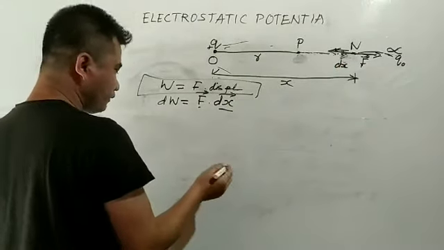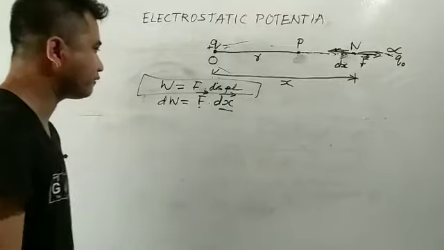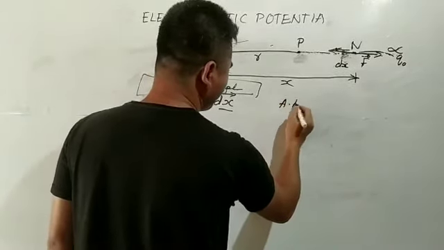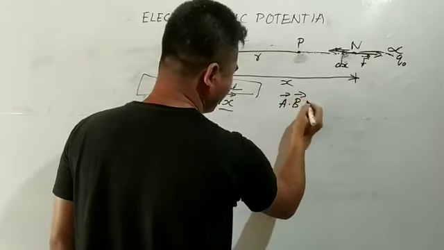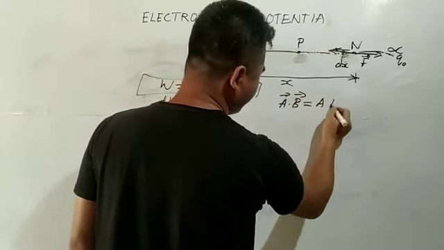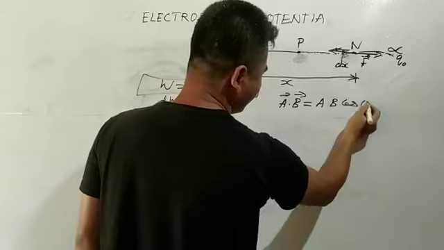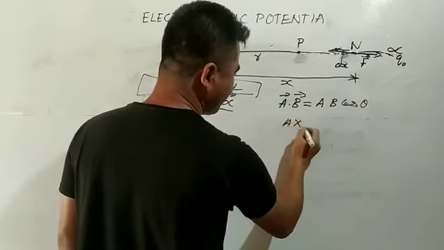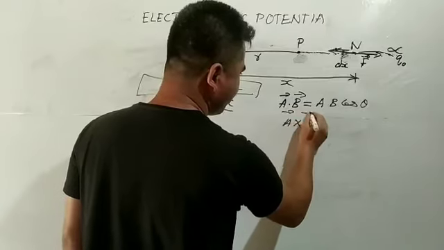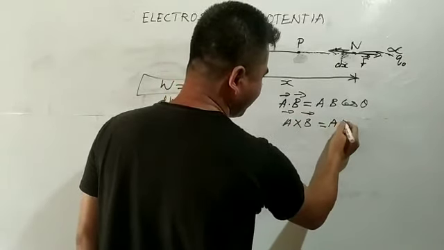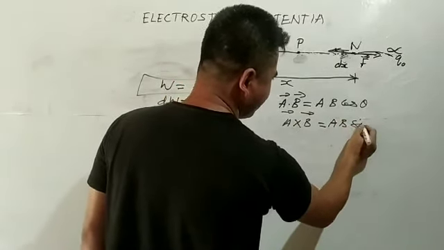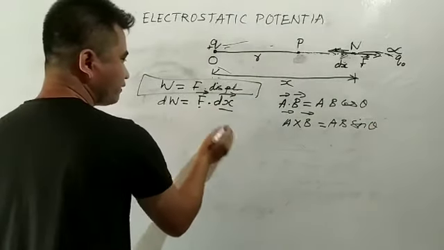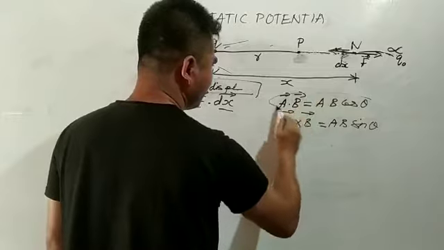We have studied in vectors in class 11 that A dot B is equal to AB cos theta, and A cross B is AB sin theta. This is a dot product, so we will use this one.